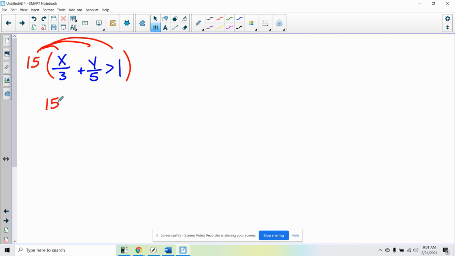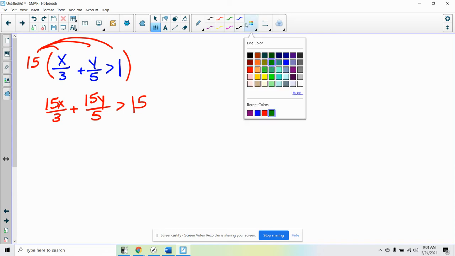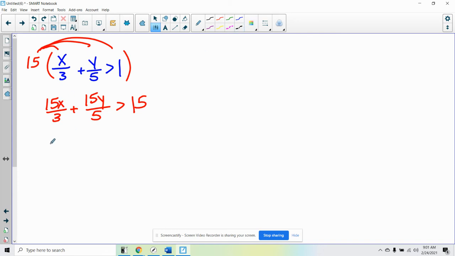So I get 15x over 3 plus 15y over 5 is greater than 15 times 1, which is 15. So if I pick the right number, which I did, these will reduce. 15x over 3 is 5x, plus 15y over 5, which is 3y, is greater than 15.